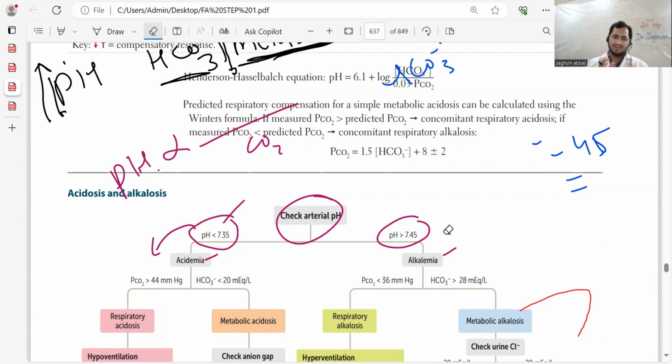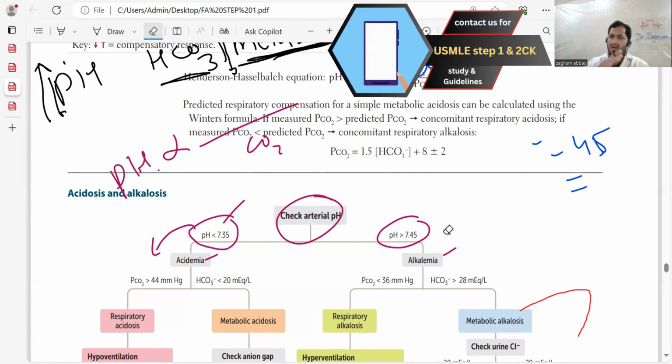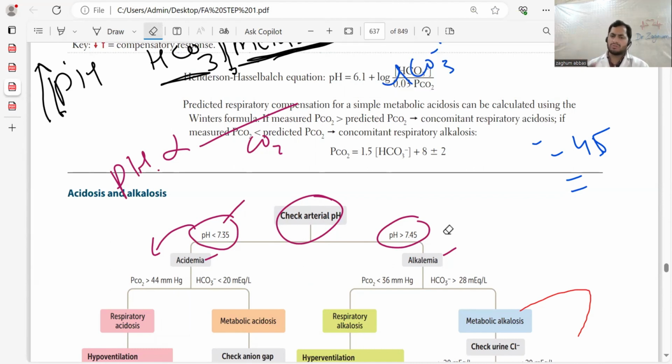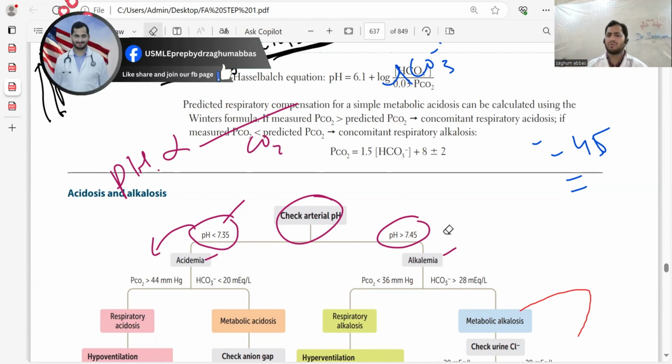First learn the simple basics, then move toward complex things like mixed disorders. First learn the simple thing, then move toward others. That is the way.